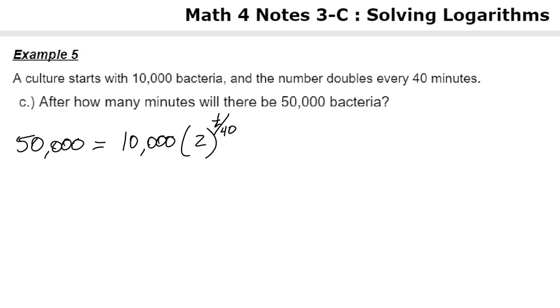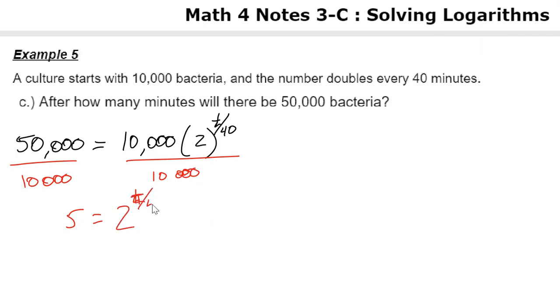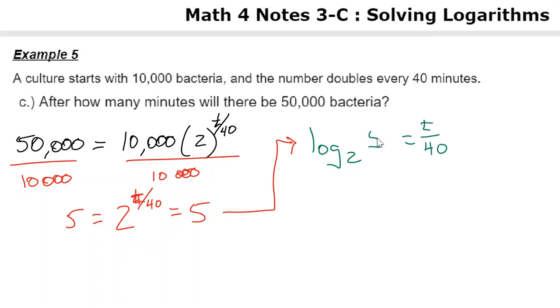So this is where we'll use some of our other solving skills and say 10,000 divided on both sides. It's going to give me 5 equals 2 to the t over 40. And I'm going to move my 5 to the other side because I'm getting ready to write it as a logarithm. Log base 2, exponent goes over here, 5 goes there.